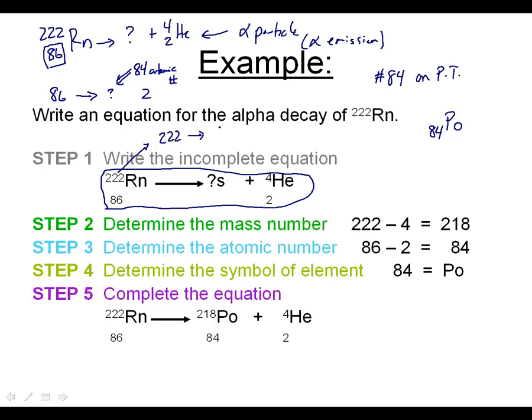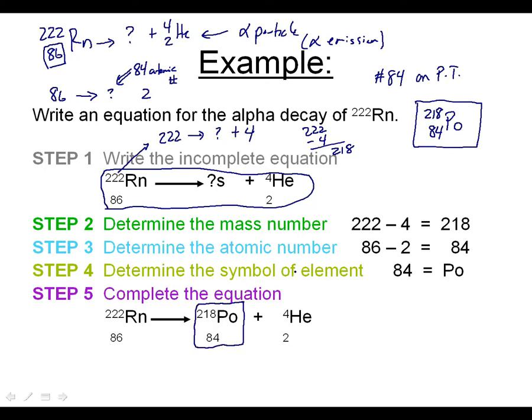On the right-hand side, we're not sure of the mass number there, but we do have 4. So if we subtract 222 minus 4, that gives us a missing mass number of 218. And that's how we get our missing symbol here.